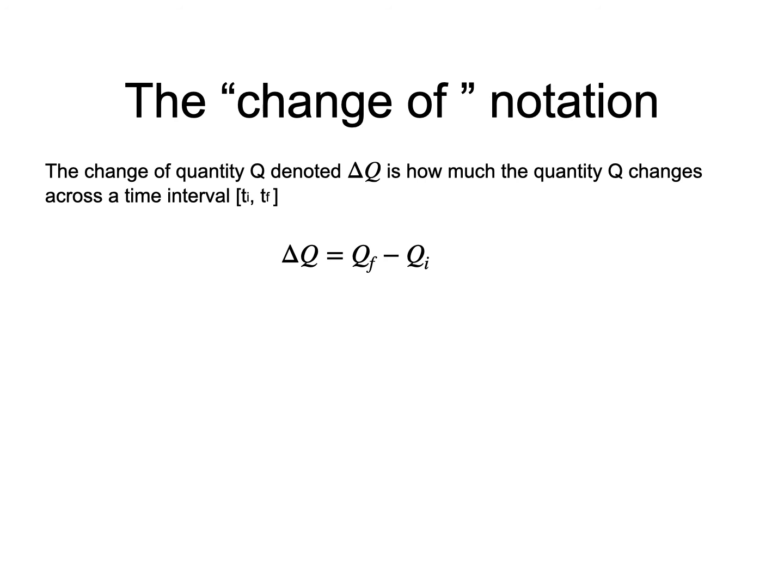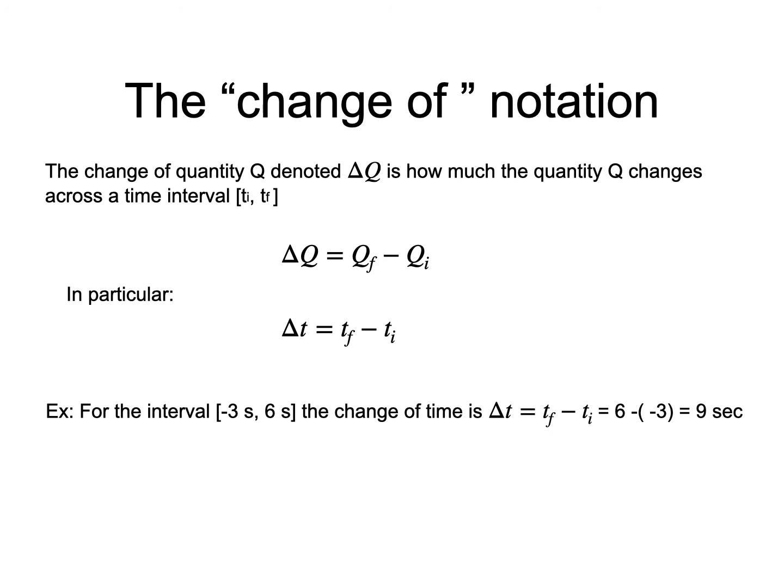If the quantity Q is time itself, then its change of time is tf minus ti. For example, for the interval from minus 3 seconds to 6 seconds, the change of time is the final time, 6 seconds, minus the initial time, minus 3 seconds, so the answer is 9 seconds.